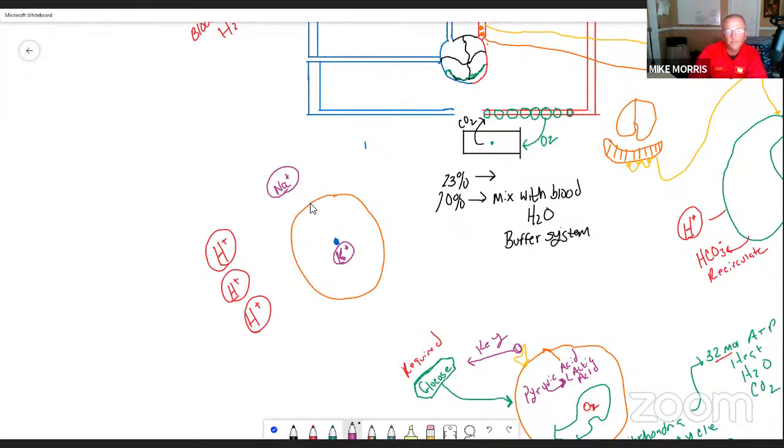And you need to know the role of calcium too. All right. So calcium, good old calcium.